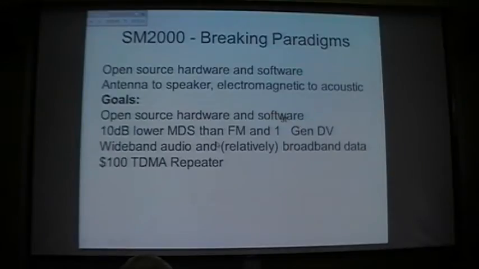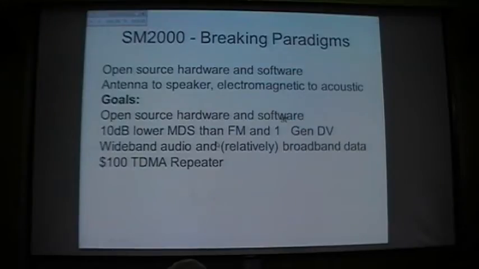I have 3 specific goals to start off with. We want to show that it's possible to make a complete radio that's open source, both hardware and software. I'd like to demonstrate this 10 dB minimum detectable signal that's lower than the existing FM and what I call first generation DV systems, which is all the DV systems that are out there at the moment. And a couple of other goals that I'd like to look at is wideband audio.